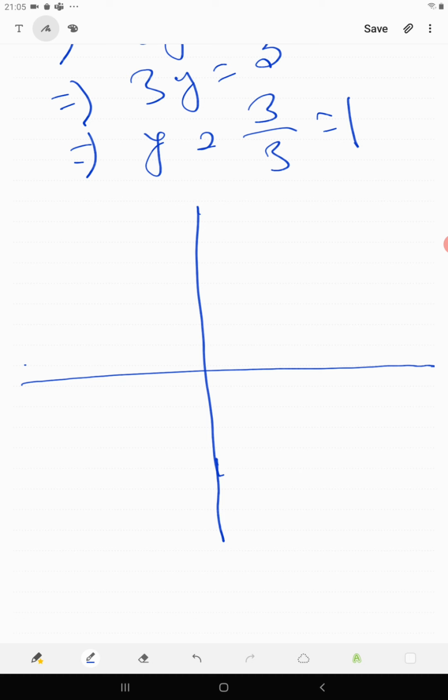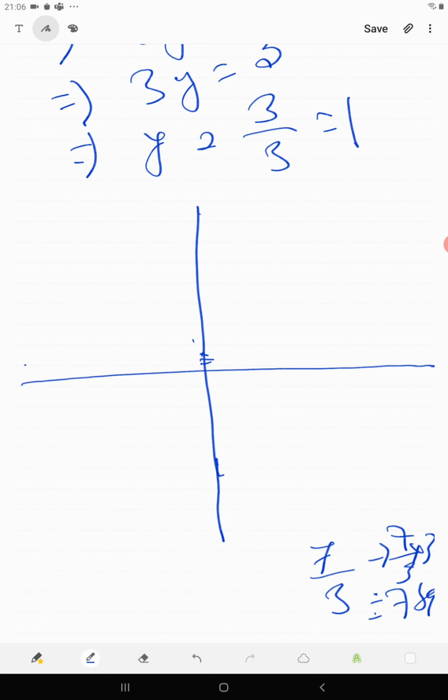Since it is a fraction 7 by 3 and at the bottom we have 3, we will take 3 smaller squares, as you can see in the graph, as 1 unit. So in the y-axis, take 3 small squares as 1 unit. In that case, 7 by 3 becomes 7 by 3 into 3, that is 7 square units.